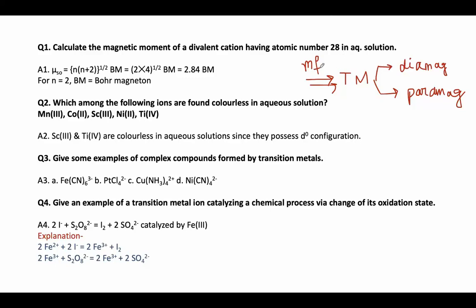Whenever we apply this magnetic field, the diamagnetic compounds will not be attracted towards the magnetic field, rather they will be repelled. And the paramagnetic substances are the opposite. They will be attracted towards the applied magnetic field.